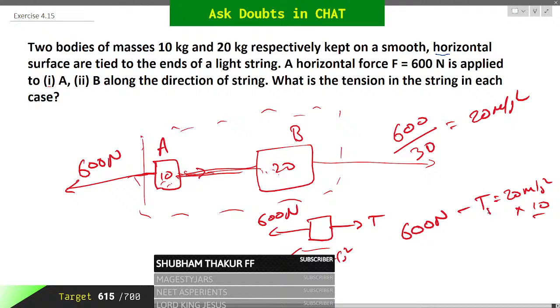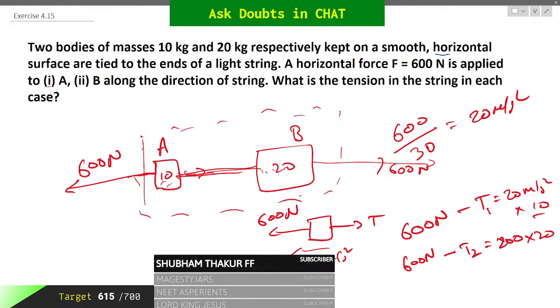So this would be T1 when the force is applied on body A, and now in the case of body B, when 600 Newton is applied in this direction, we see that 600 Newton minus again T2 equals 20 times 20. 20 is the mass of this block B, and 20 is the net acceleration.